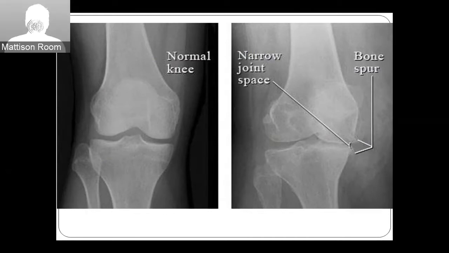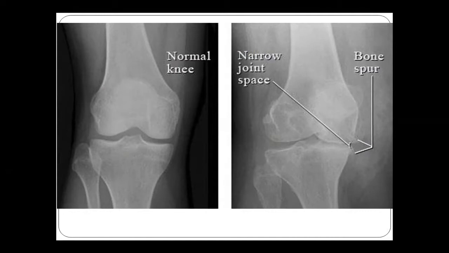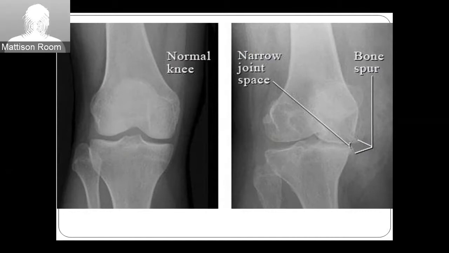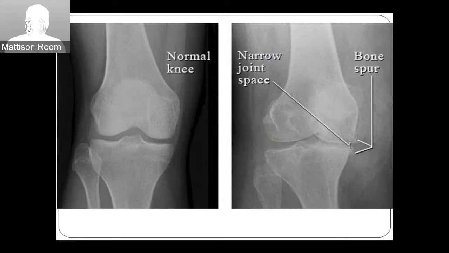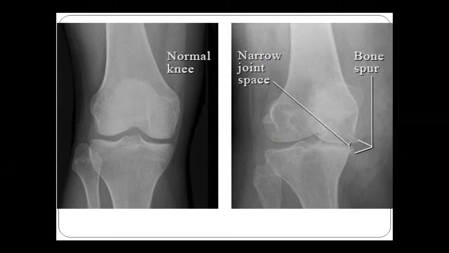So when you get a regular x-ray of like a knee, the bone shows up, but the cartilage does not. Cartilage is radiolucent, which just means that the x-ray doesn't pick it up. It goes right through it like there's nothing there, like air. So this on the left, as it's labeled as a normal knee, you see the femur, or the thigh bone, and then you see the tibia, the shin bone.